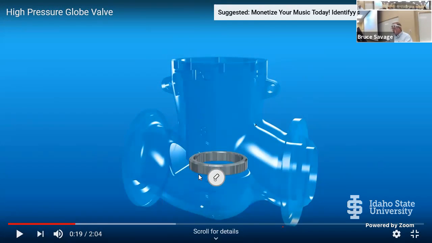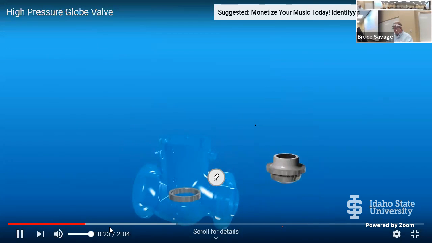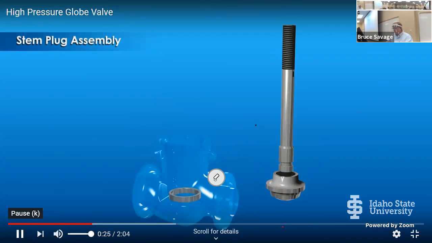So there's the case, the housing of the globe valve. This is the seat that they're putting in there. And the stem is going to go up and down on that seat.